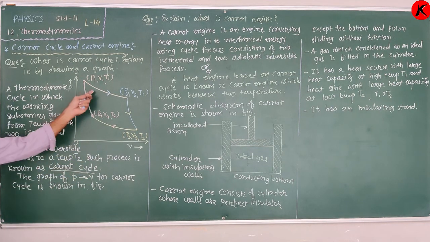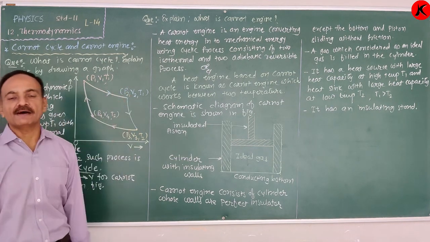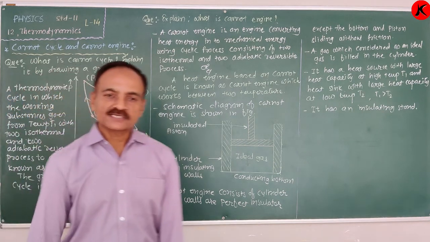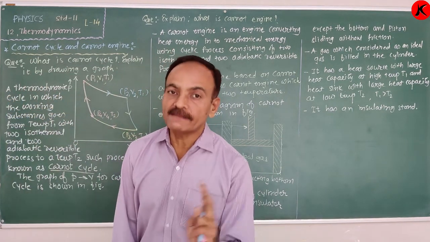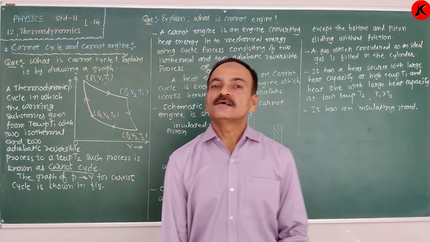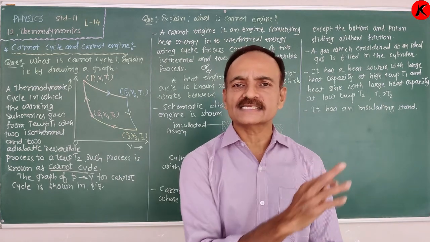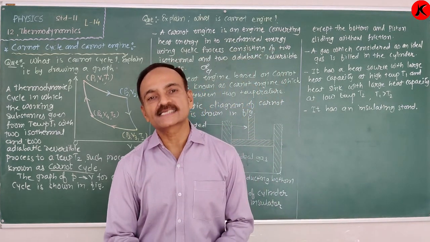We bring the system from temperature T1 to temperature T2. Right? Already we discussed the cyclic process, the thermodynamic process in which the substance undergoes a number of thermodynamic processes and returns back to its initial state.